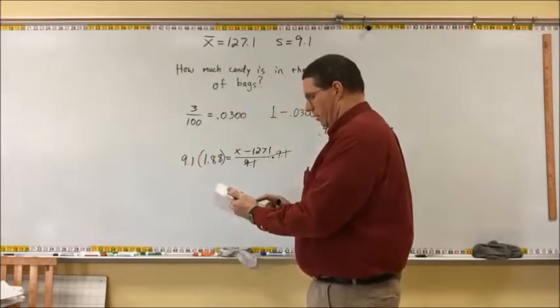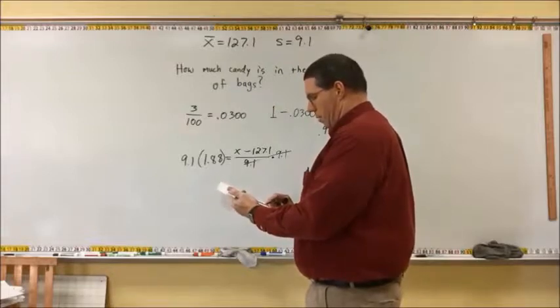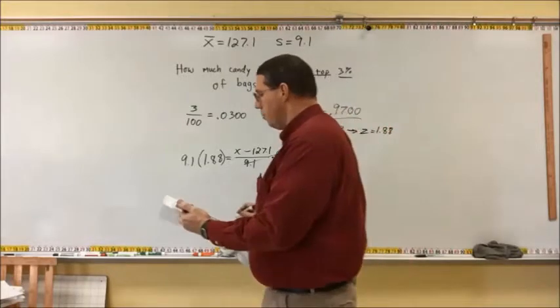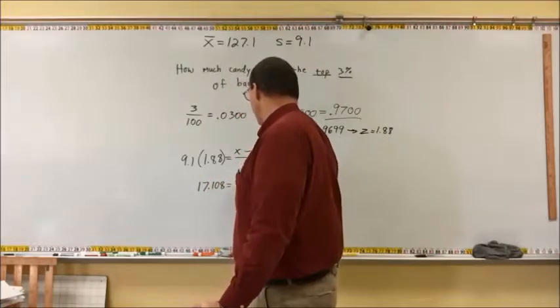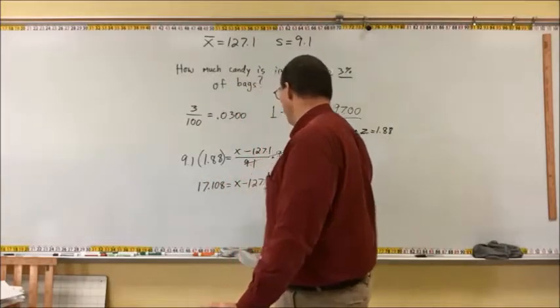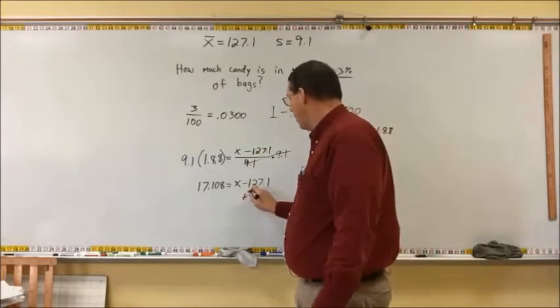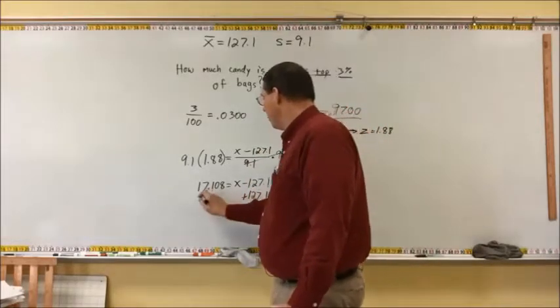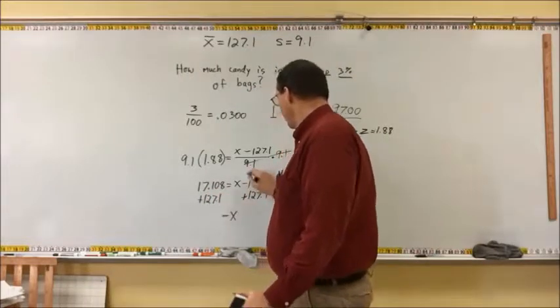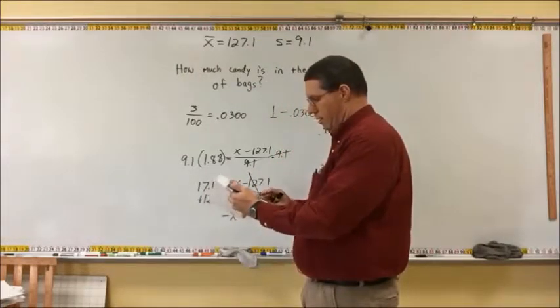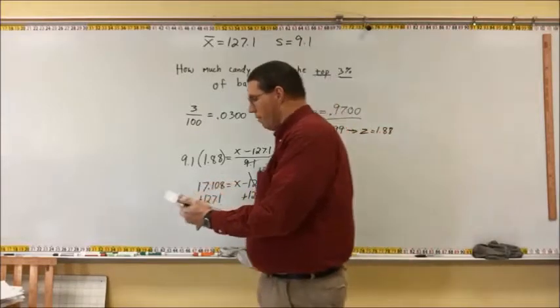And 9.1 times 1.88 is 17.108. That's equal to x minus 127.1. Now we're going to add 127.1 to both sides. And that gives us, it's going to cancel on this side, 144.208.